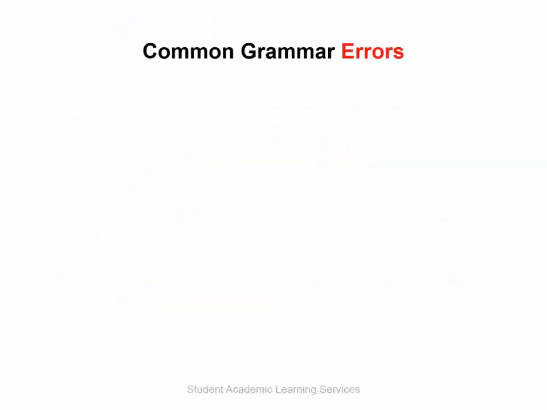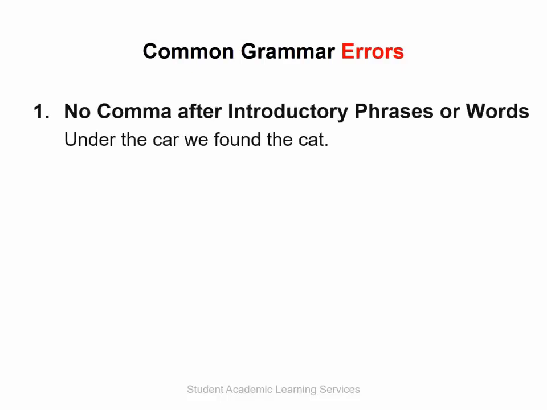So now we'll discuss some of the common grammar errors that people tend to make. The way these work is, for number 1, for example, the title of the error is in bold on the top, and then there's an example of the problem. So in the first case, no comma after introductory phrases or words, you'll notice that under the car, you might be thinking we need a comma after car, and you'd be right.